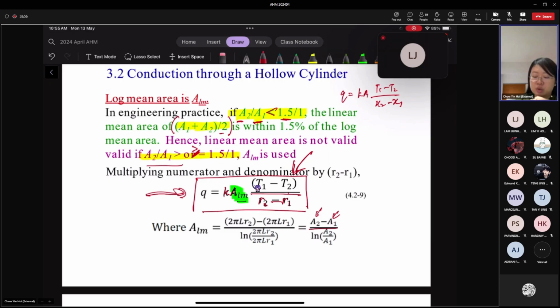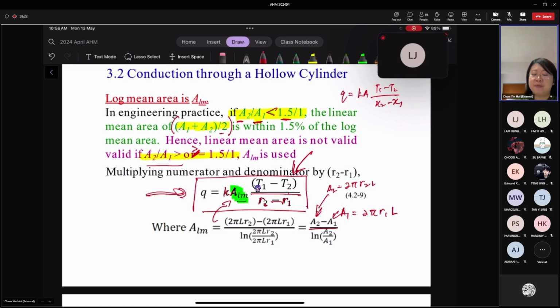For a cylindrical body, A2 equals 2 pi R2 L, and A1 is 2 pi R1 L. Then you substitute here. For tomorrow's tutorial, we'll practice this for the cylindrical body.